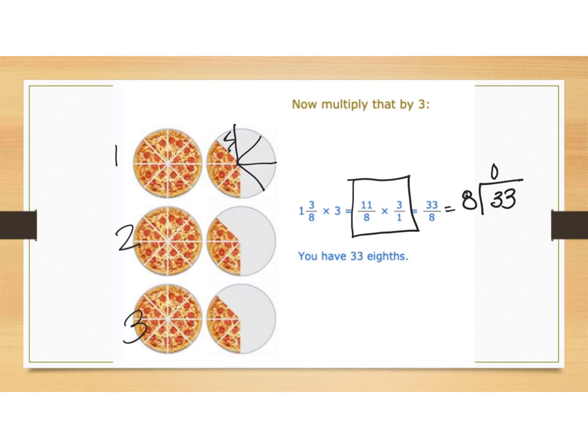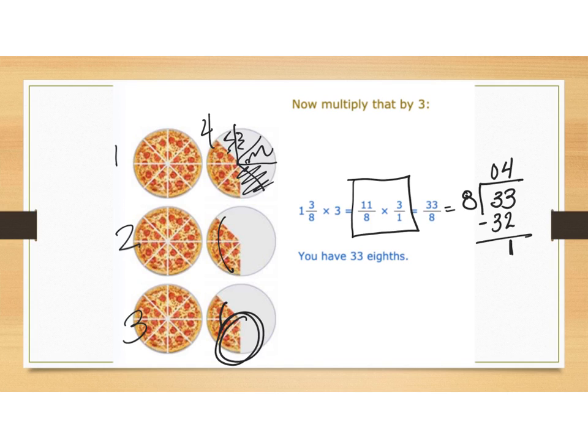So these 3 can go onto this pizza. 2 of these can go onto this pizza. So now you have another full group. So you know you can take 4 groups out. 8 times 4 is, that's right, 32. When you subtract 33 minus 32, you know you're left with 1 piece, which is right here.